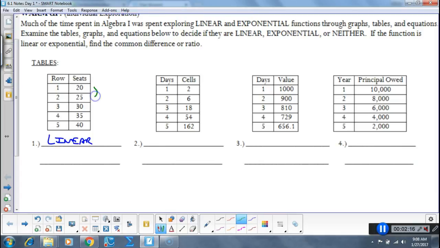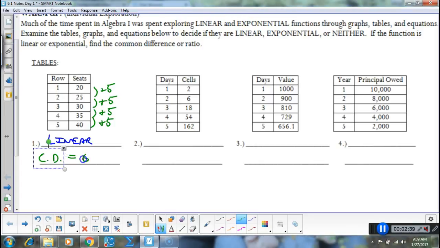Adding 5? Okay, so that constant is the same, so that's linear. Adding, so that would be the difference then. So my common difference is 5.